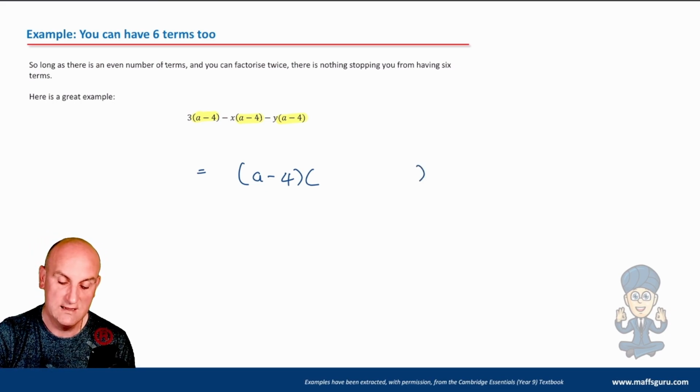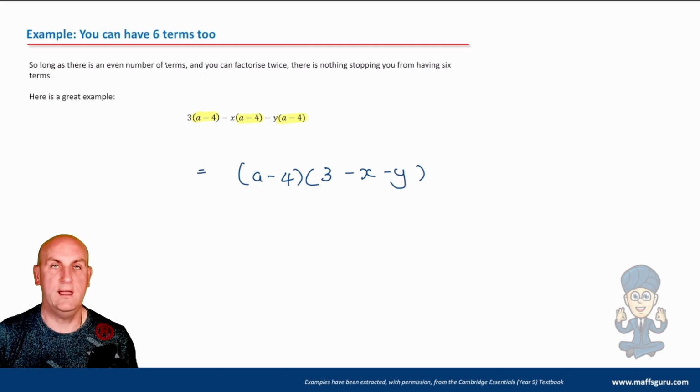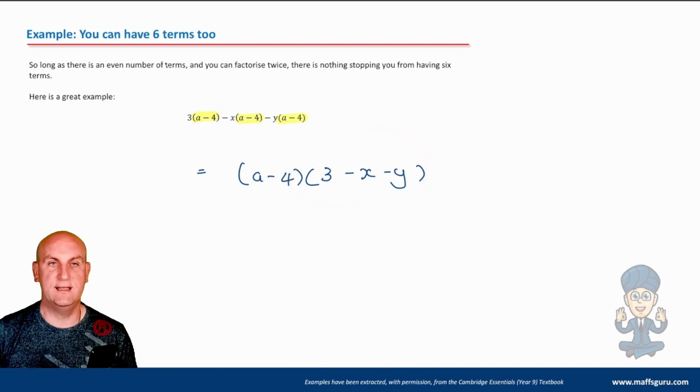And again, what happens? That a minus 4 gets cancelled out. I'm left with a 3. That a minus 4 is cancelled out, I get left with a negative x. And that a minus 4 there cancels out and I get negative y. And I'm done. Again, it doesn't matter that I've got 3 things inside that bracket.